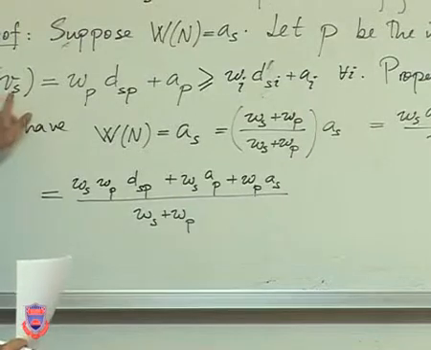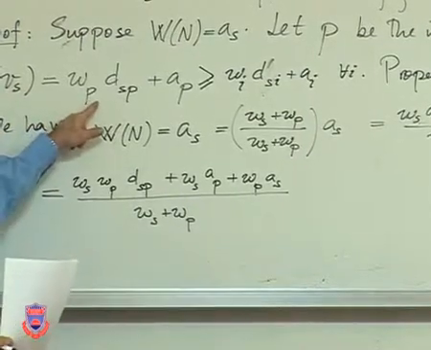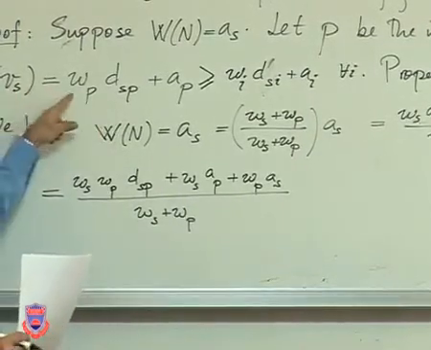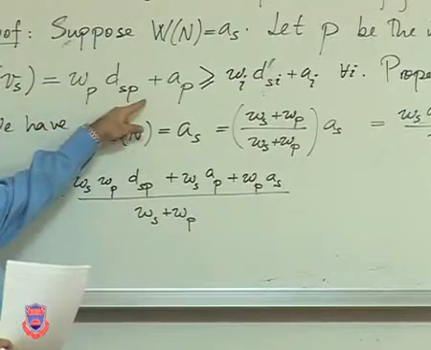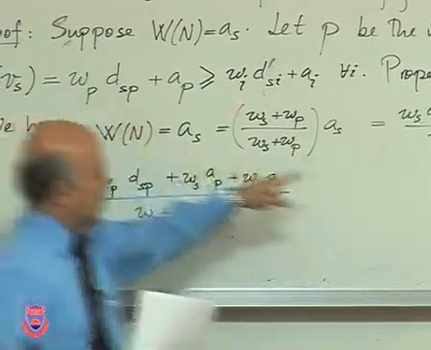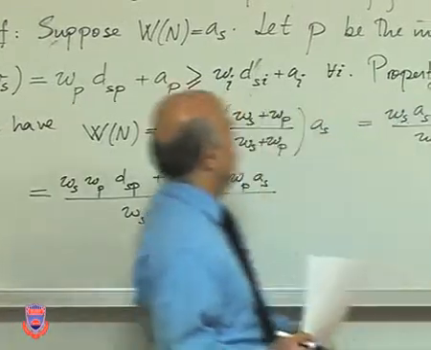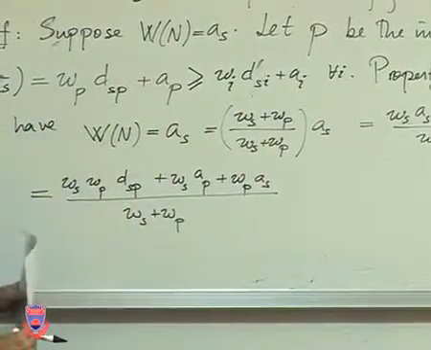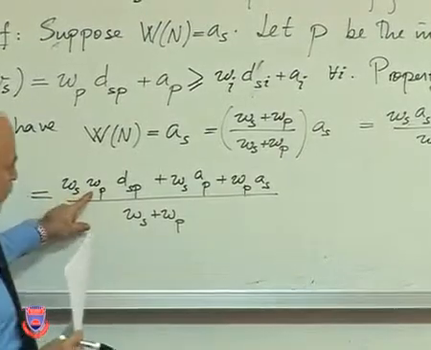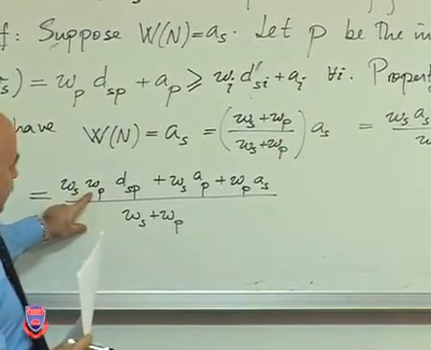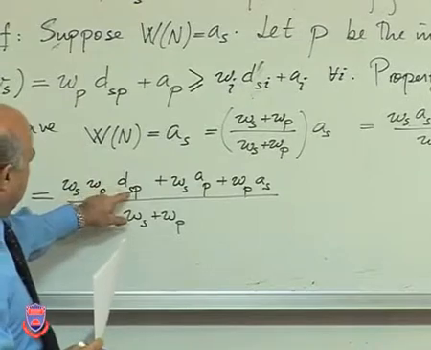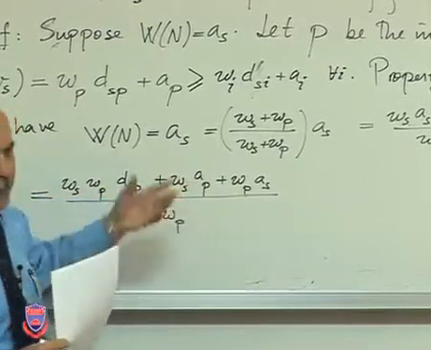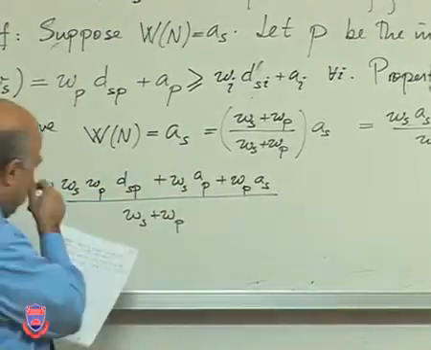Because I assumed P is that particular index for which f of Vs is equal to that. So in place of f of Vs, we're simply putting this expression that you see here: Ws times Wp dsp plus Ws ap. It is that, okay?